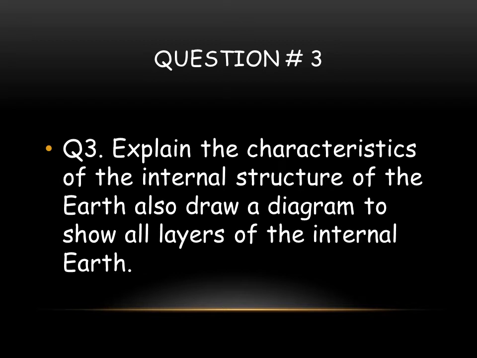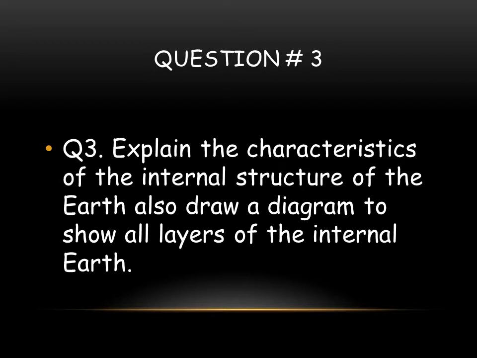For the answer, you have to write: the earth has three distinct layers: the crust, the mantle, and the core, and the core is further divided into outer and inner core. Or even if you don't want to write about the core here, leave it.